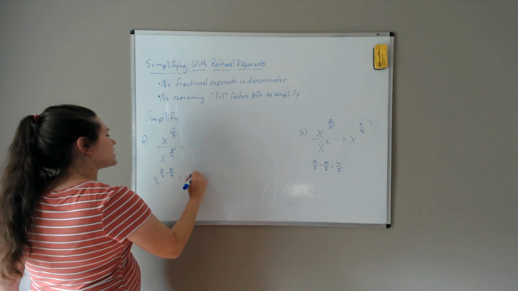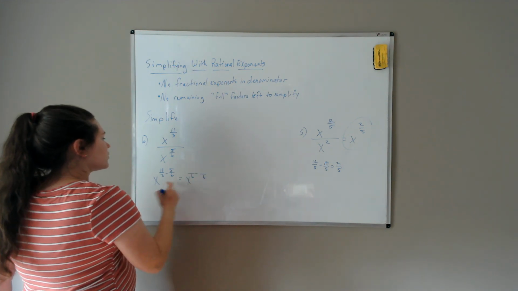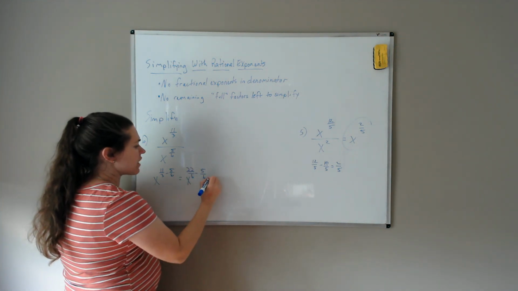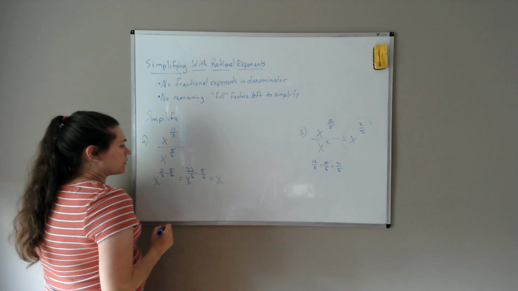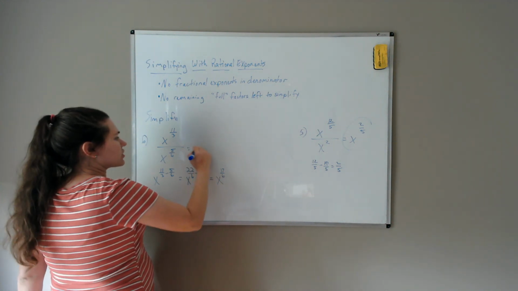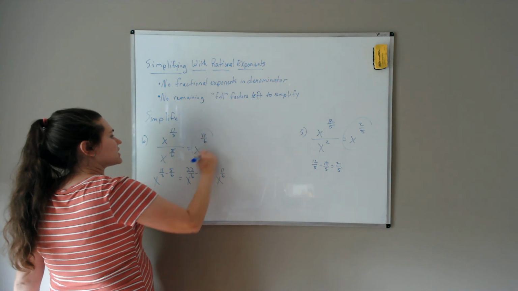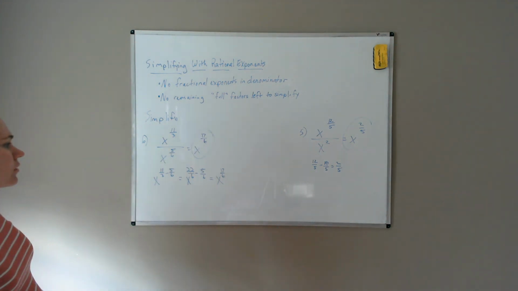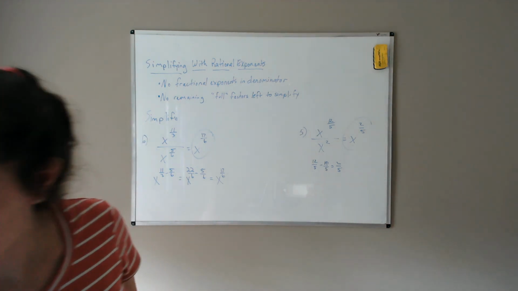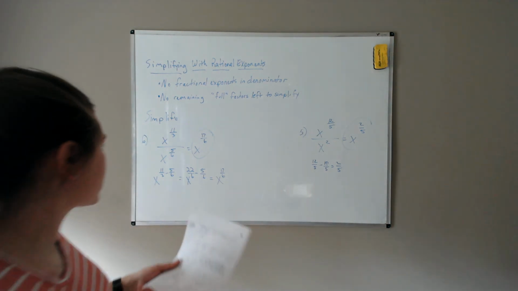Common denominator will be 6. So that can stay 5/6. This would become 22 minus 5. And that's going to become x to the 17/6, so it's positive. So this is just x to the 17/6. All right. That was number 6.